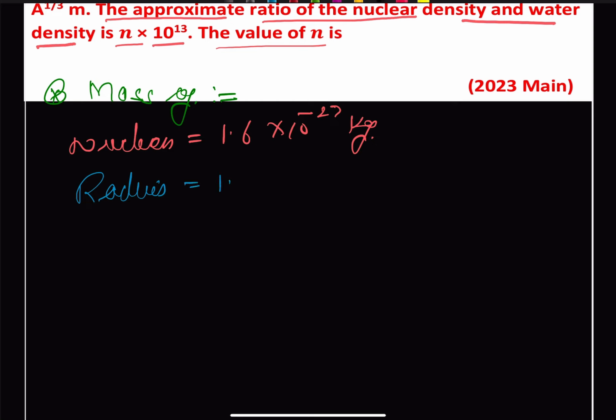Radius is given as 1.5 into 10 to the power minus 15, to the power 1/3 meters.